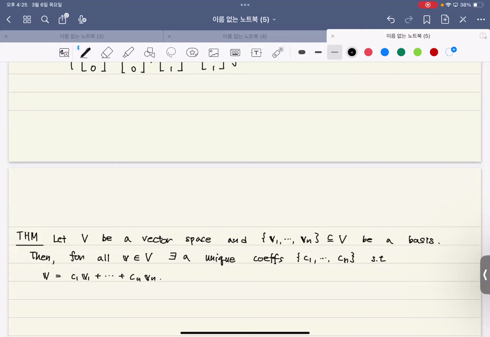But if a vector is that abstract, how do you compute with vectors? In order to compute anything, you need a number. And this theorem shows us how to relate a vector to a set of numbers.